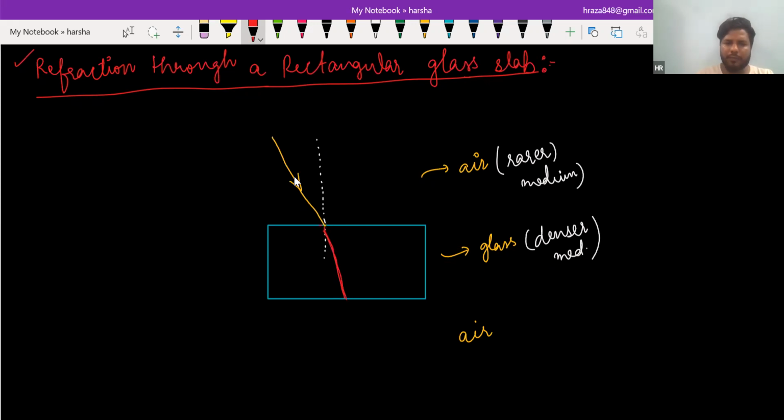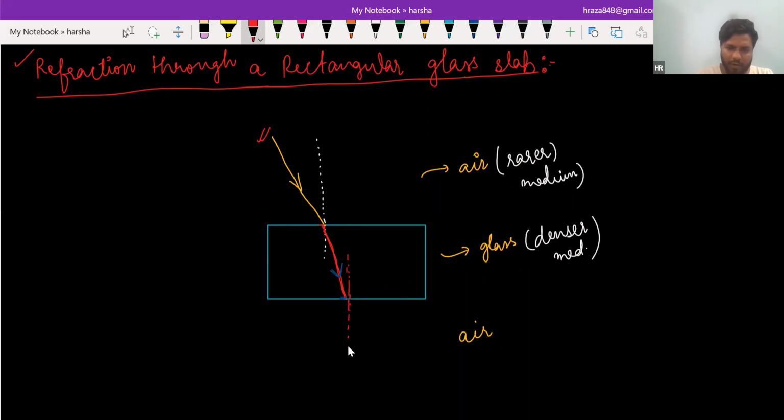Now see, for this surface, this is the incident ray, and this is the refracted ray. Again, it will pass through this surface of the glass slab, and you know that this is our again normal.